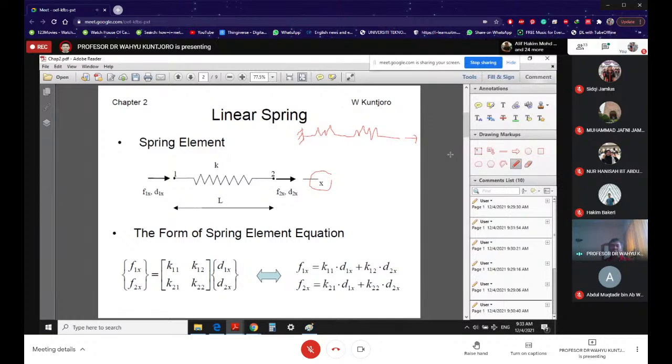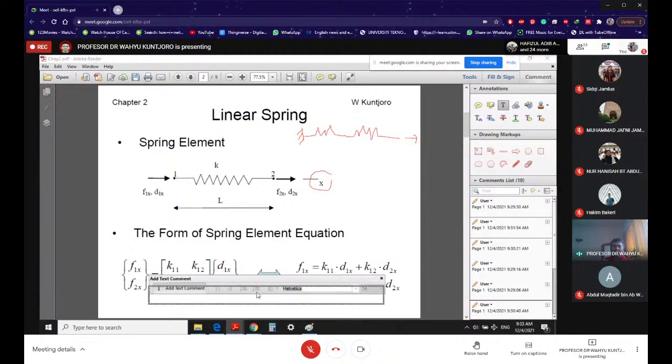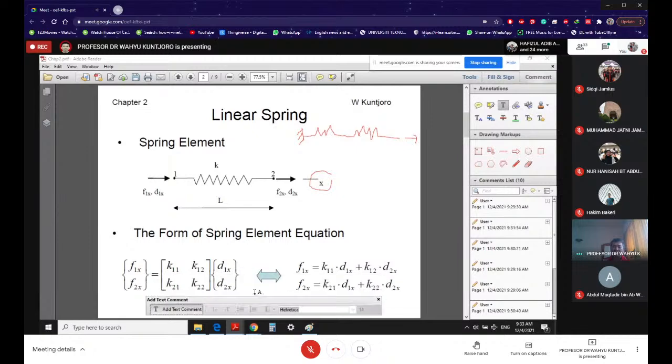Because of that, the spring element is actually an axial type of element. I write it here. Okay, so now we have our axis and we have our node. I think this writing here is familiar to you, the 2x, you understand the meaning of it.